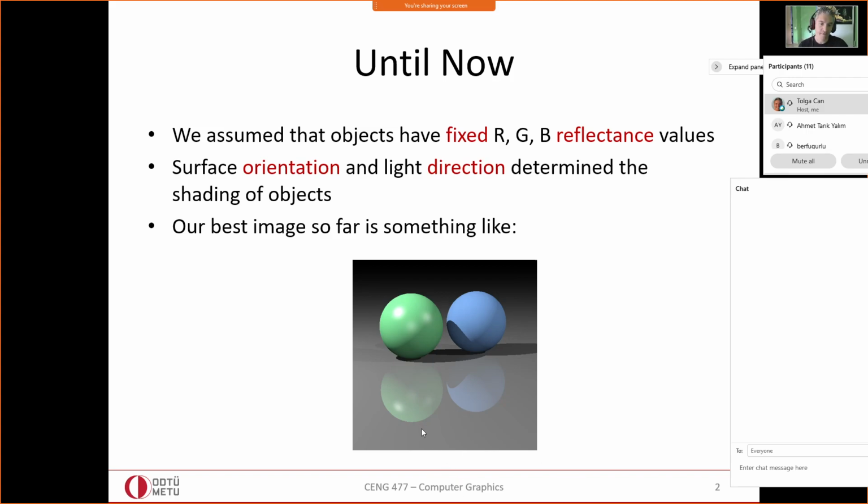So in this scene, you see all of them. We have a shiny sphere and a matte sphere, which doesn't have any specular component. We can see that there are 3 light sources in the scene. We can guess maybe there are more. We don't see the back of these objects, but there seem to be 3 light sources in the scene, and we can see shadows due to these light sources.